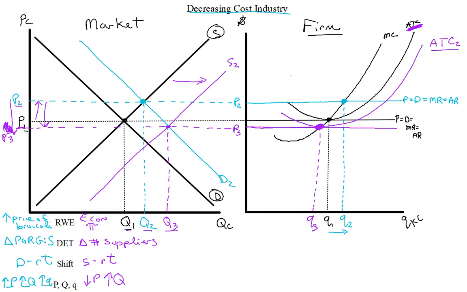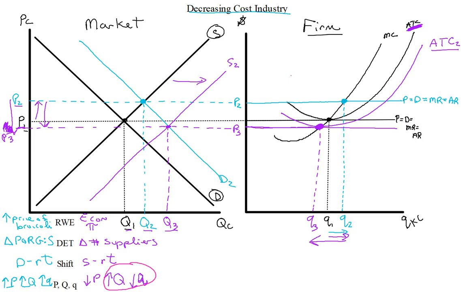All right, what happened for the individual firm? Well, the individual firm production originally went up from Q1 to Q2, and now it's going to decline all the way back down to Q3. So we get a decrease in quantity for the individual firm. Now, one question is, how in the world is it possible that we got an increased output in the market if all the individual firms are actually producing less?